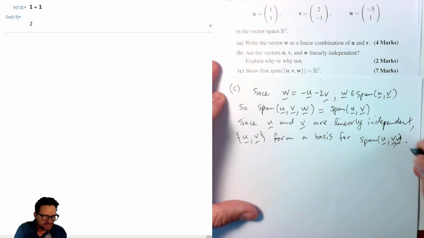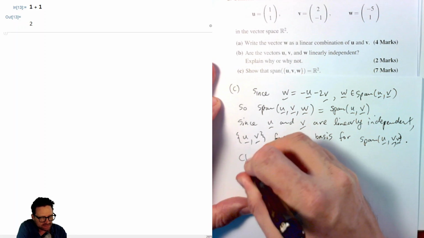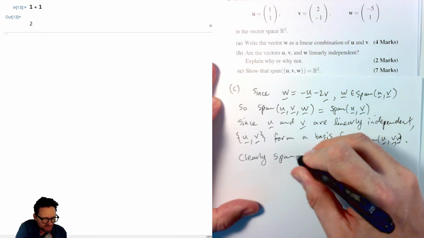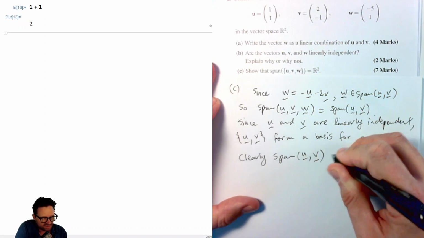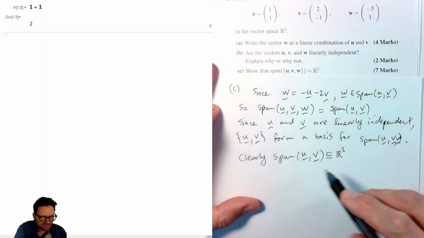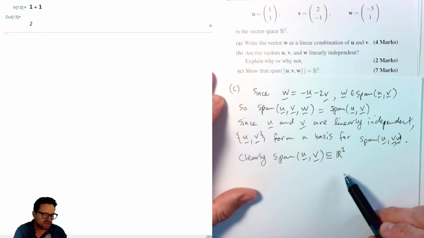Okay, so now let's say that clearly the span of U and V is a subset or equal to R2, since every linear combination of U and V is in that space.